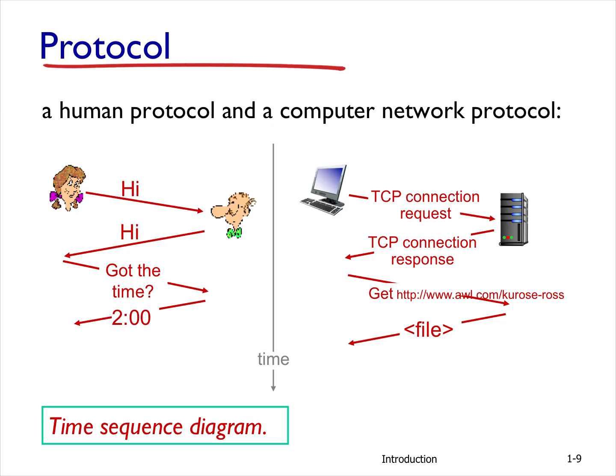What are the components of the time sequence diagram? 2 important things. Something here called the actors, or the parties that are communicating together, the parties that are talking to each other, okay? So these are called actors.